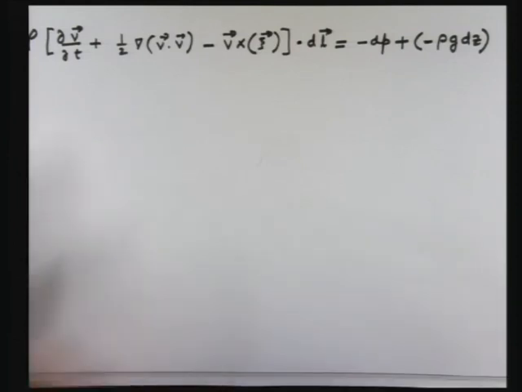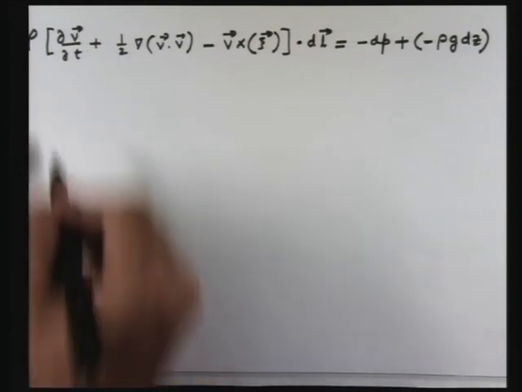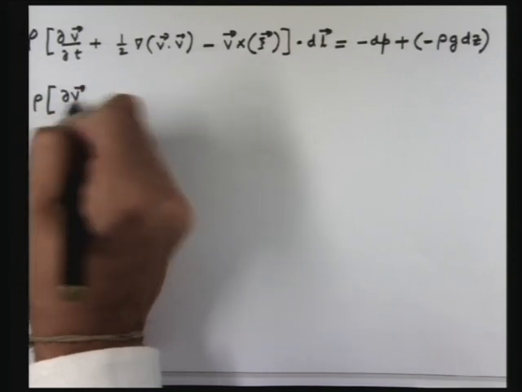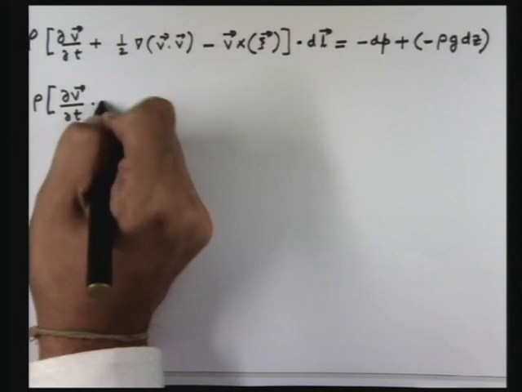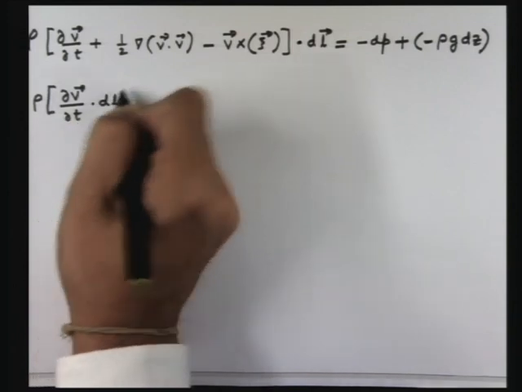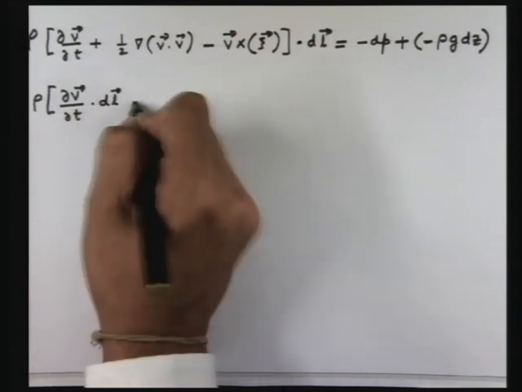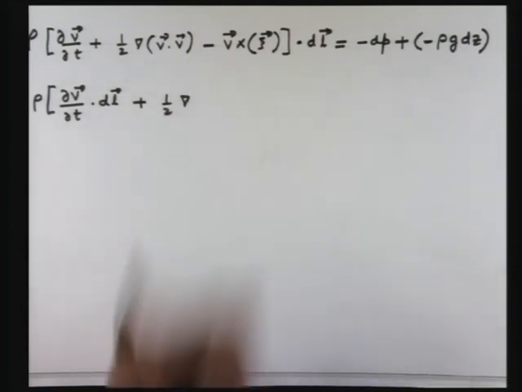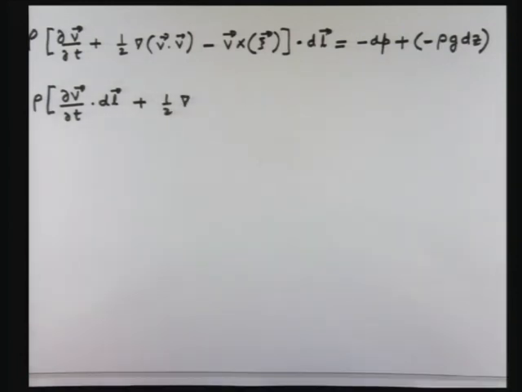Now let us simplify term by term. V dot V is what? V square, right?